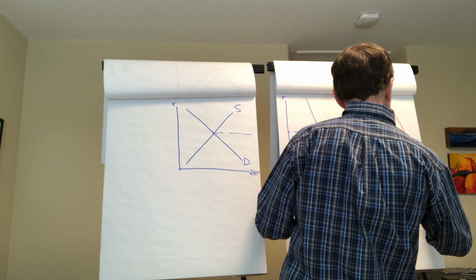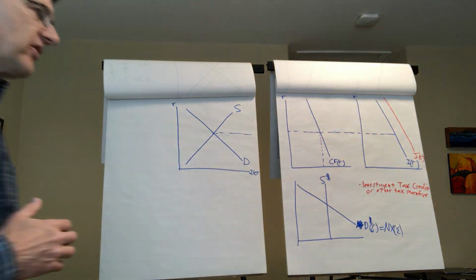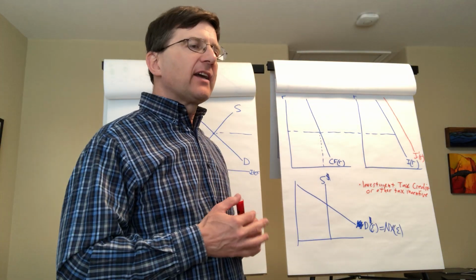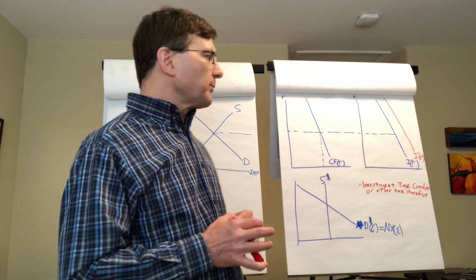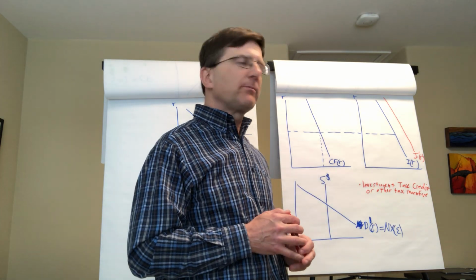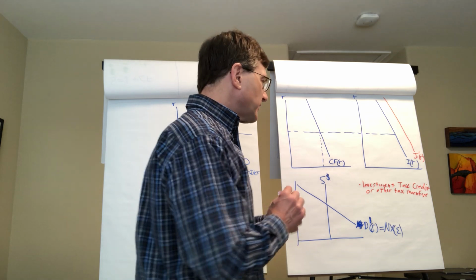Now, an investment tax credit is especially easy to understand as a tax incentive, because you buy a machine and the government in your taxes rebates 10% of the price of the machine, let's say. So that's easy to understand. There's some much more complex tax things that can affect investment as well.